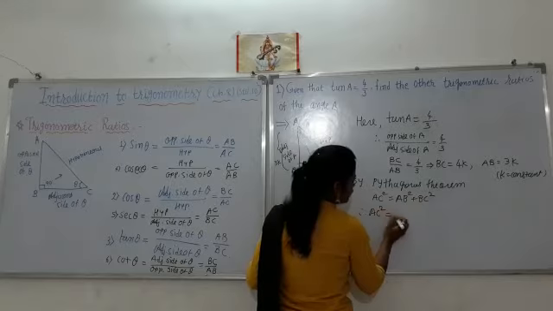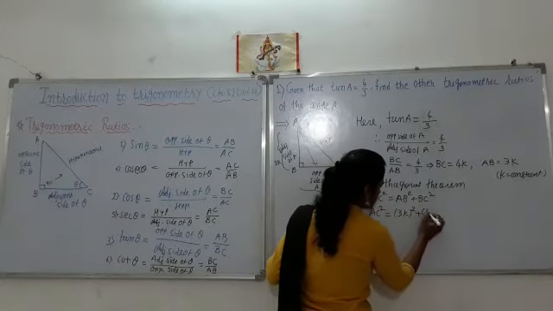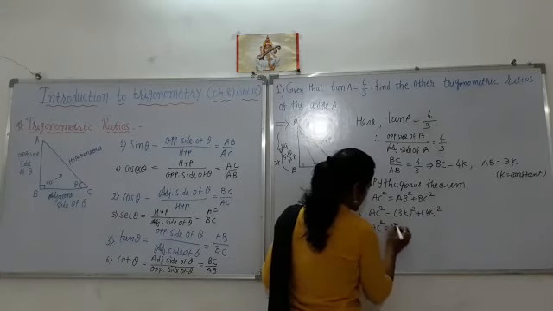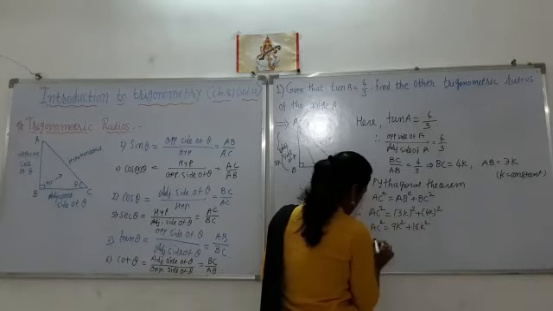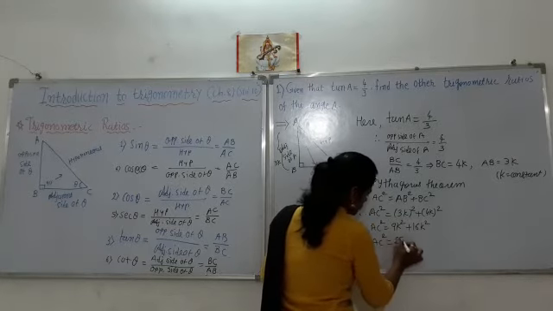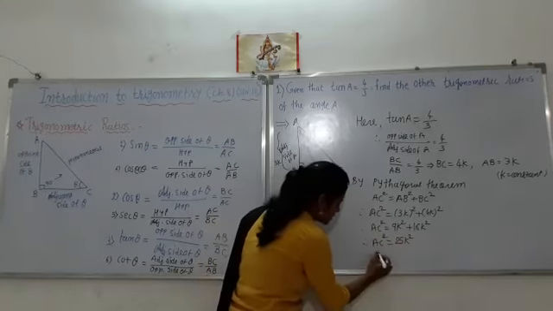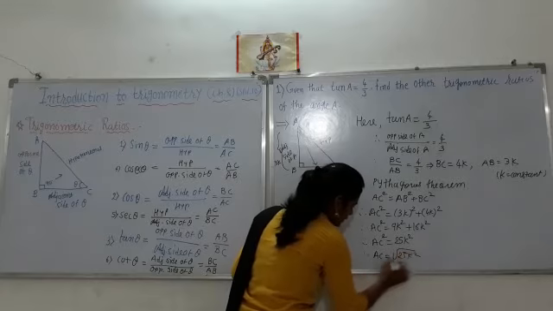AC square you want to find, AB's value is 3K, so write 3K square, and this is 4K, so write 4K square. So AC square is 9K square plus 16K square, so your AC square is equal to 25K square. You want to find AC, so take the square root of 25K square.